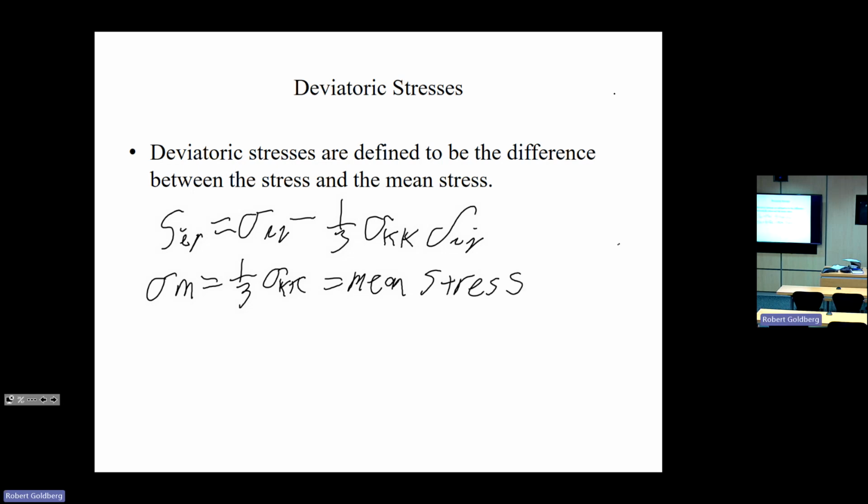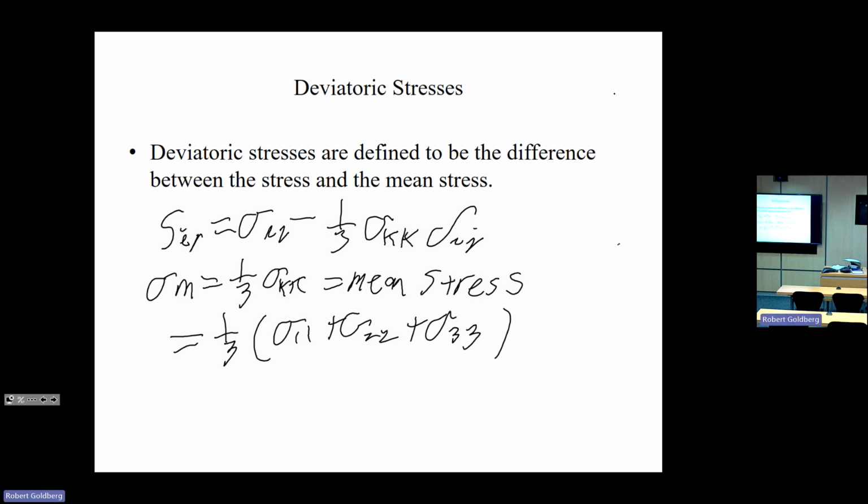By applying the rules of indicial notation, where if we repeat an index we sum, this is equal to 1/3 times sigma 11 plus sigma 22 plus sigma 33.